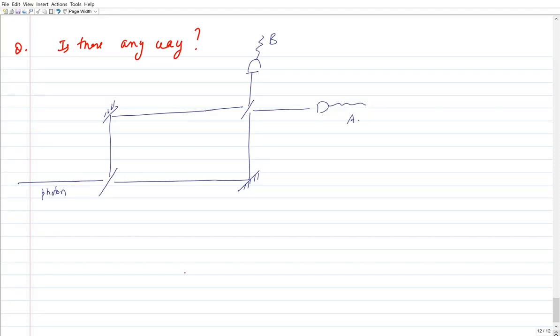So let's consider the detection at event A. Is there any way I can detect whether I went through this route or I took this route? So let me put some device over here to detect if the photon took the upper arm of the interferometer, and I would call that device something called a Pockels cell.